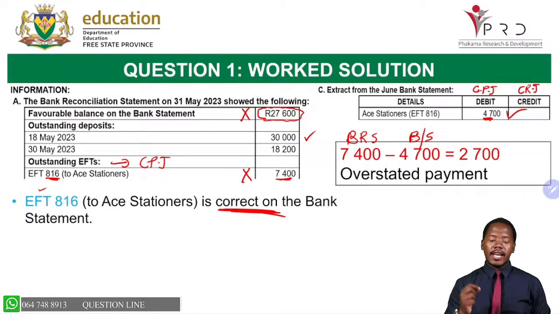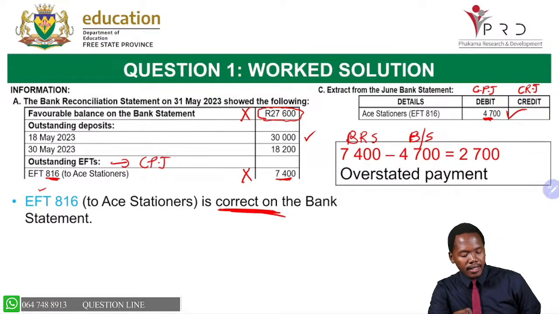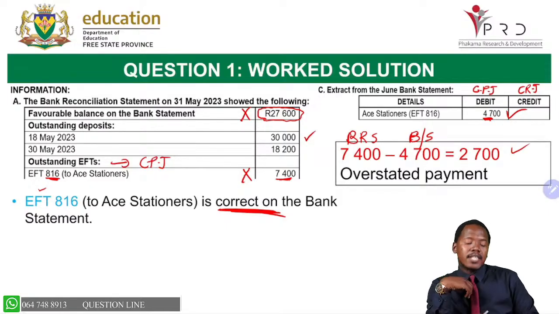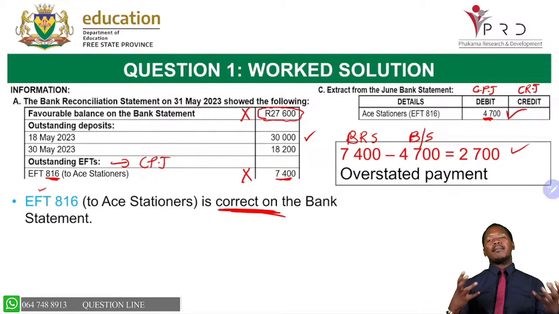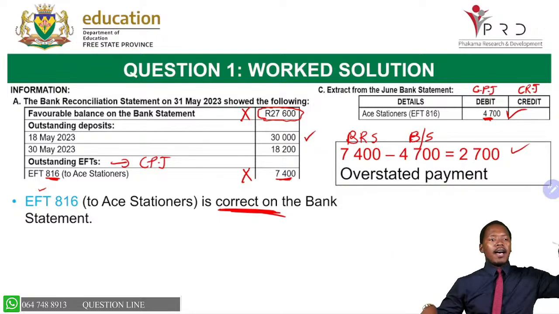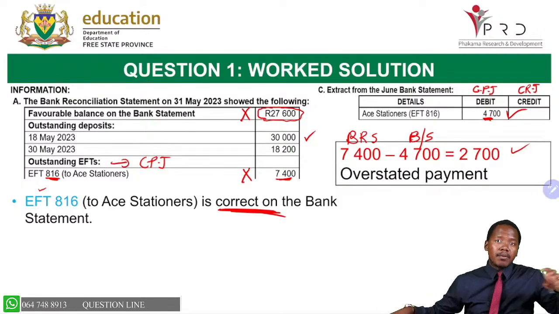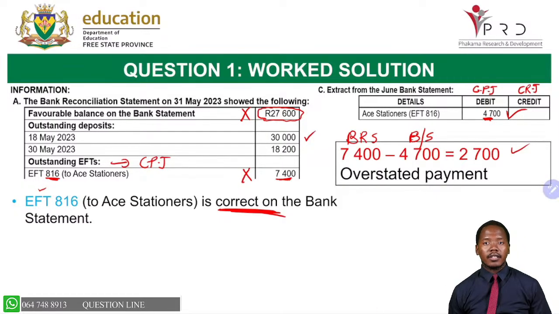The business recorded 7,400, but the bank where we are banking our money recorded 4,700, and they said that the bank amount is correct. First step, you get the difference between the two so that you can update one of the books. Remember, business books, bank's books. The bank's books are correct. Our business books will be wrong this time.